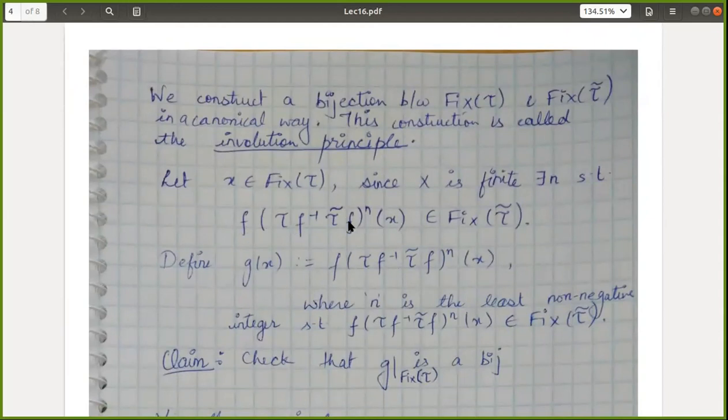You take f of x, which lands in X tilde, then you apply tau tilde. Since x is a fixed point of tau, in particular x belongs to X plus, then f of x will belong to X tilde plus because F was sign preserving.